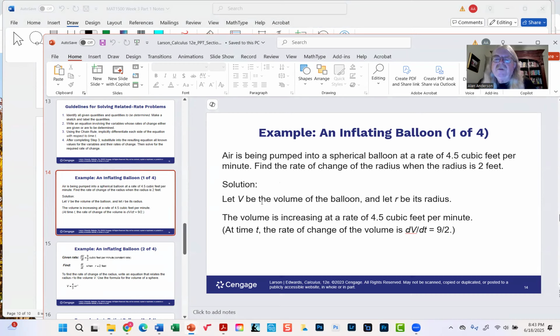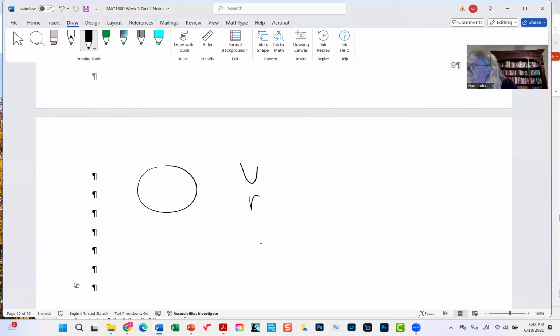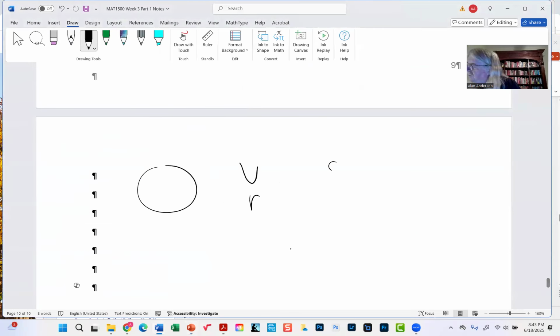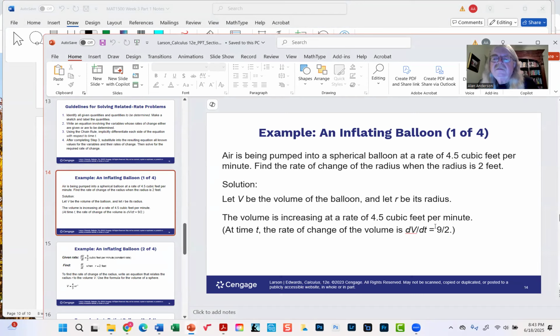Find the rate of change of the radius when the radius is 2 feet. So V is the volume, r is the radius, and dV dt is 4.5 per minute.